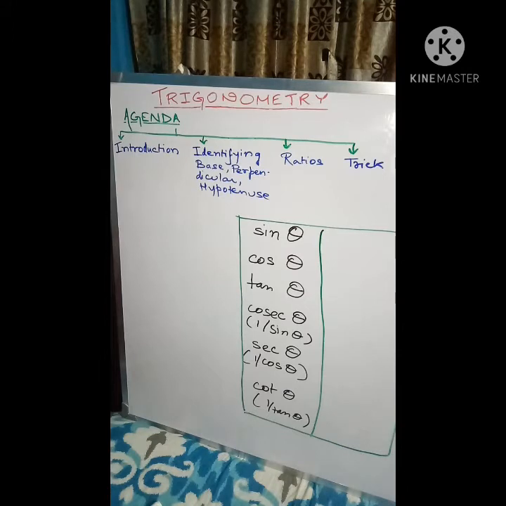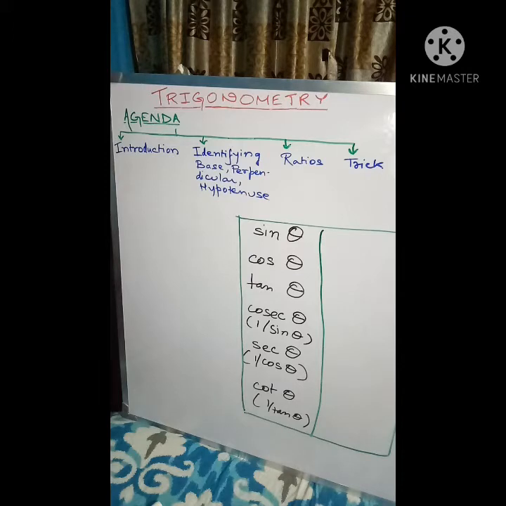Now, here comes the most important part. Now we will learn about the trig ratios. I have told you earlier, you don't have to memorize the formula. Only what you need to do is remember 3 lines.